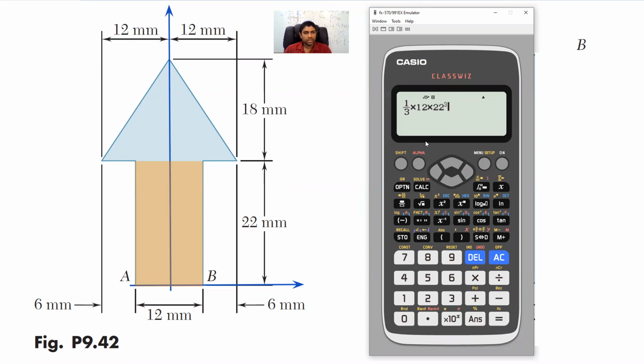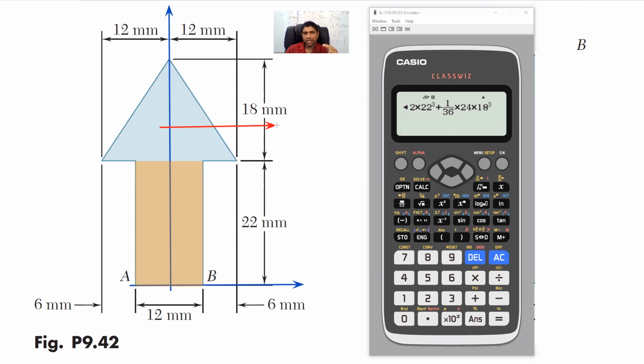For the triangle, we have to use the parallel axis theorem, because the centroidal moment of inertia is 1/36 b h cubed, where b is 24 and h is 18. This is the centroidal value.